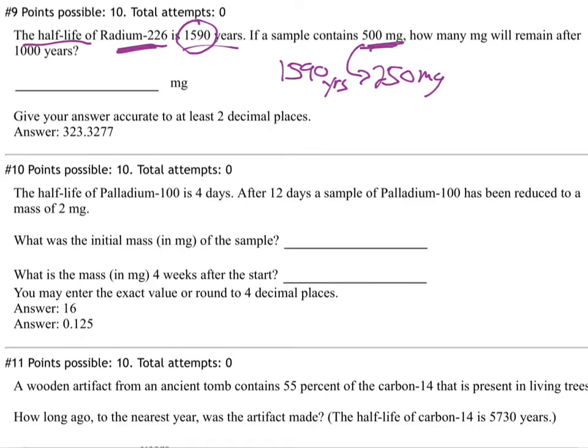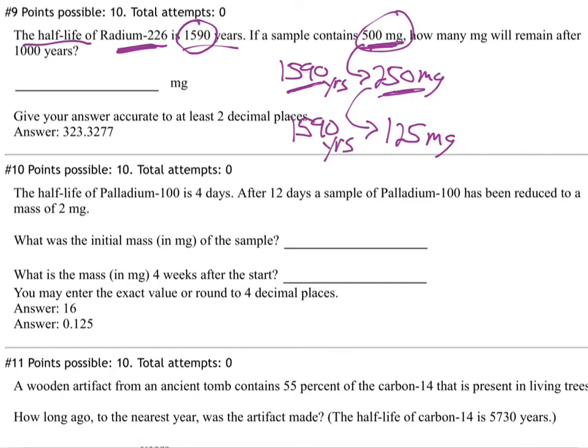So if you have a lump of this radium-226 sitting around in a chemistry lab or out in the world somewhere, you have 500 milligrams of it. It'll break down over 1,590 years to be half that, 250, and then after 1,590 more years, it'll break in half again, to 125.